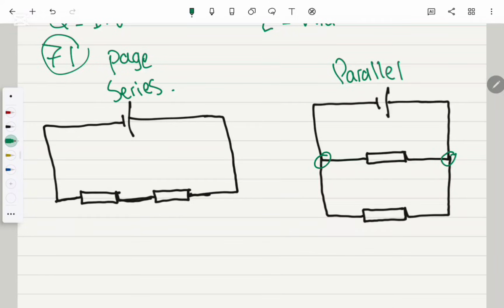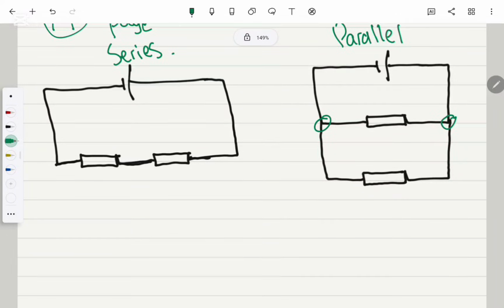Now, because you understood how current and voltage act, you also need to understand how they operate in the series circuit and the parallel circuit. Let's start with the series circuit. The series circuit has a simple rule that says the current in the series circuit is the same everywhere.